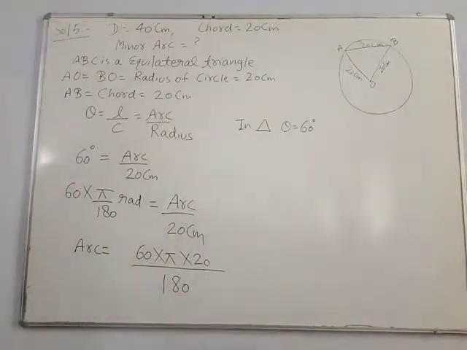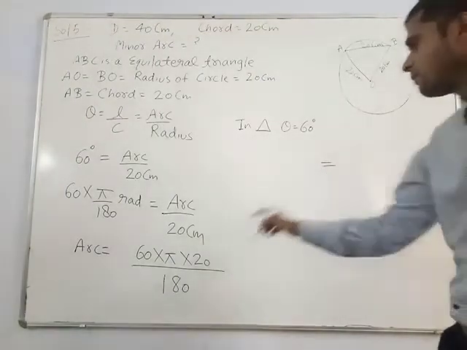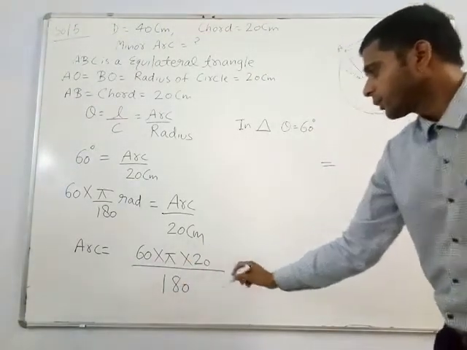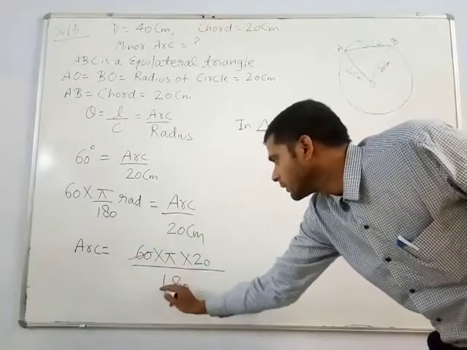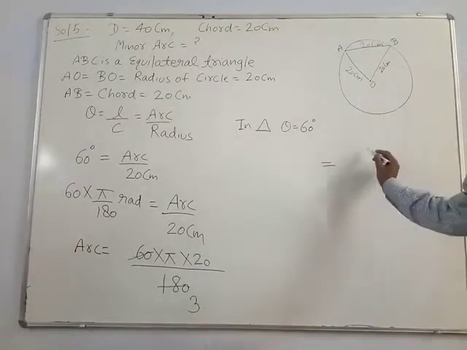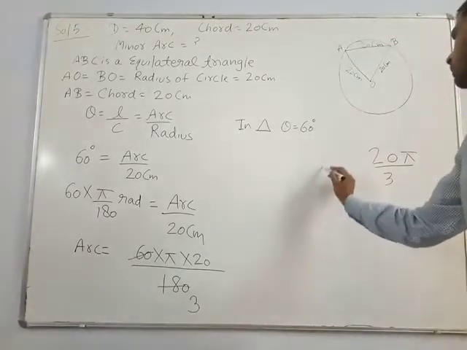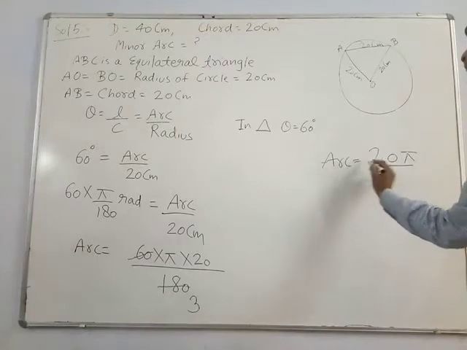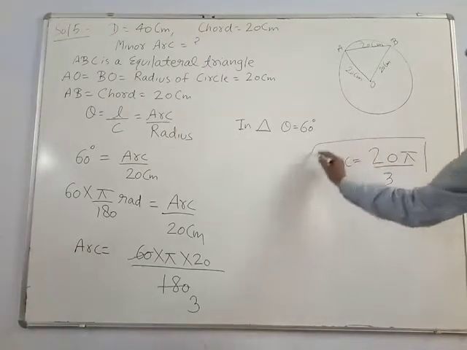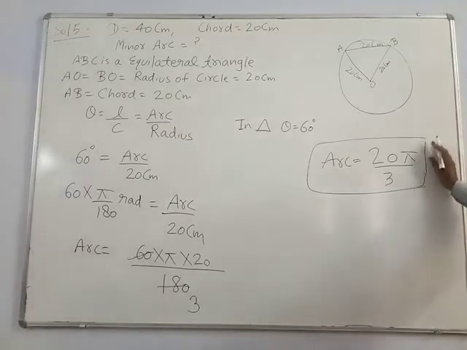Cancelling, 60 upon 180 is 1 upon 3, so arc equals 20 pi upon 3. You can solve with pi equal to 22 upon 7, or give this answer directly. Okay.